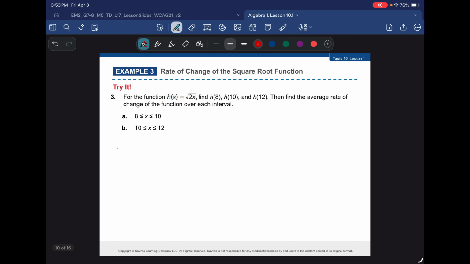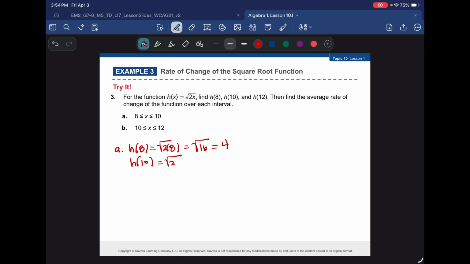Okay, so I'm going to do part A down here. We're going to evaluate h of 8 by just substituting in our input into the function. So 2 times 8, which equals the square root of 16, and the square root of 16 is 4. Then I'm going to evaluate h of 10, substituting in our input.